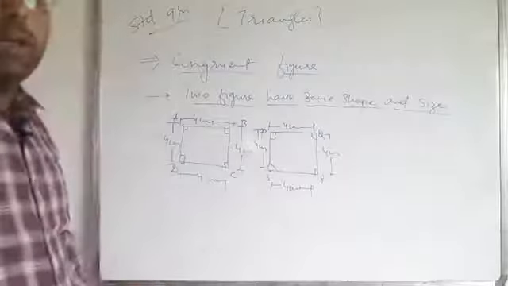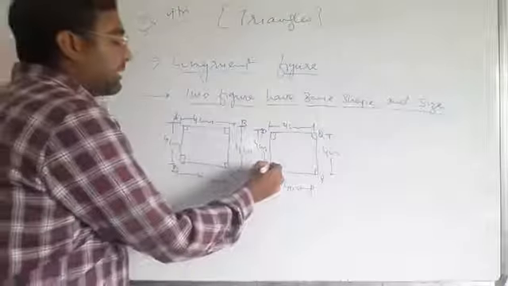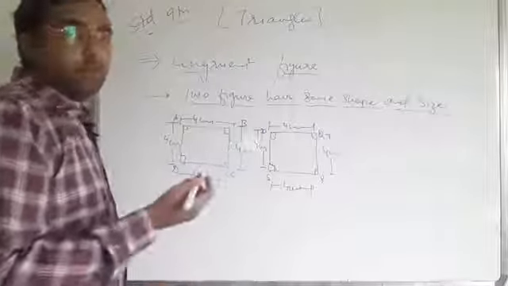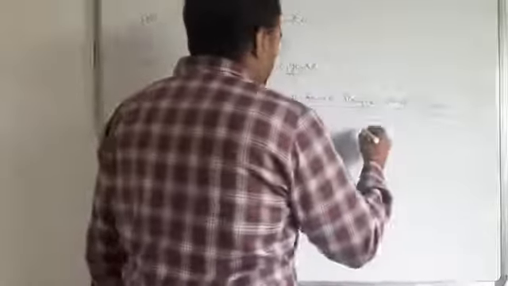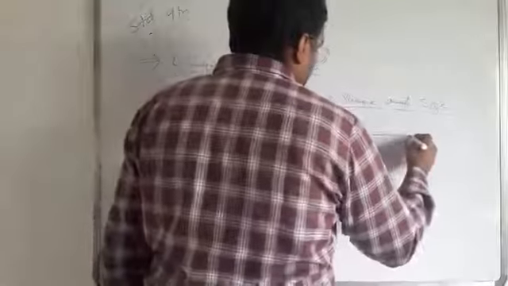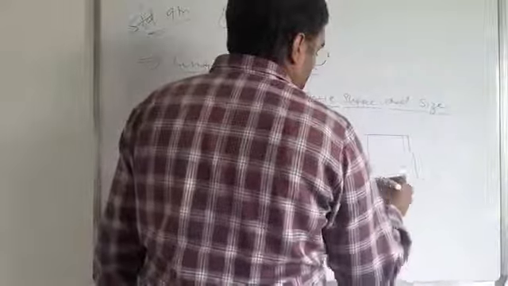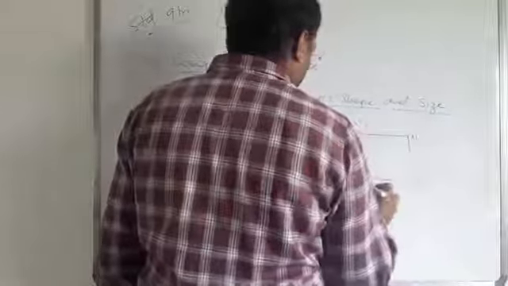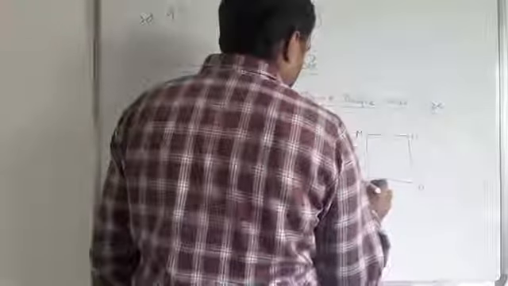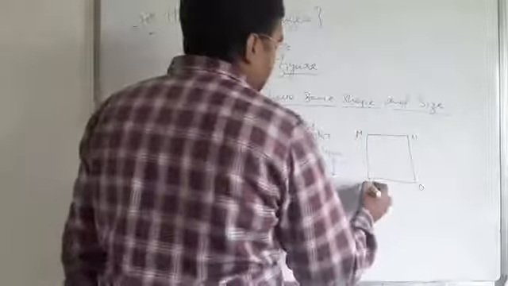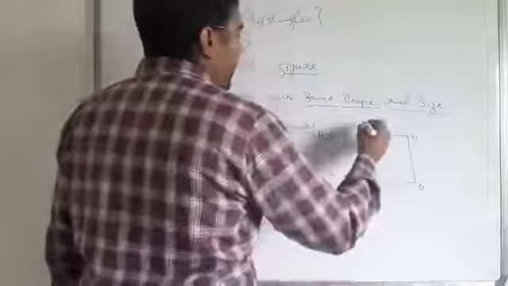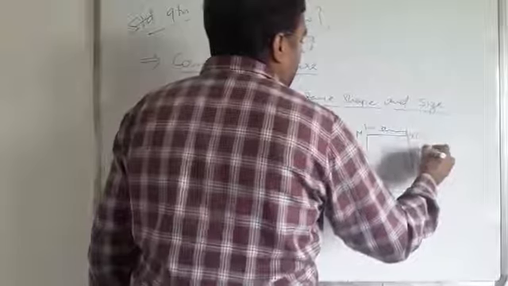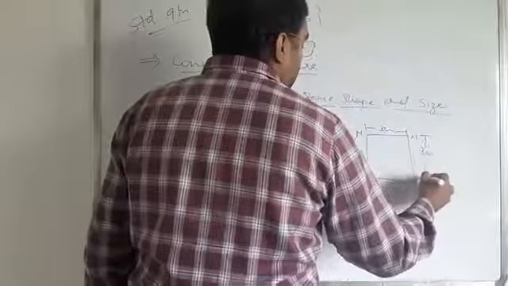And we take another square, MNOT, where all sides are 3 centimeters.